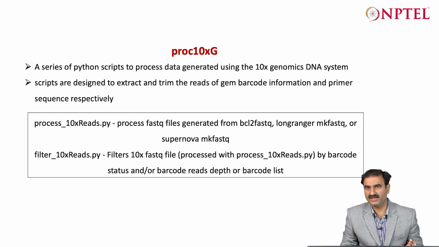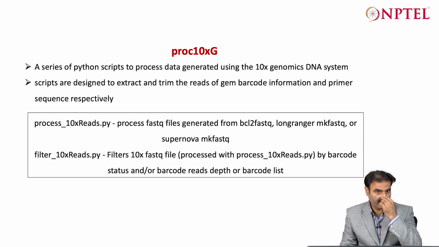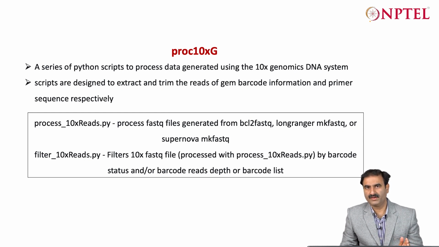proc10g is a package or series of Python scripts, mostly two main scripts, that are used to remove the barcodes and primers from the 10x reads, and also to convert the BCL2FASTQ format to FASTQ format, because BCL cannot be processed.